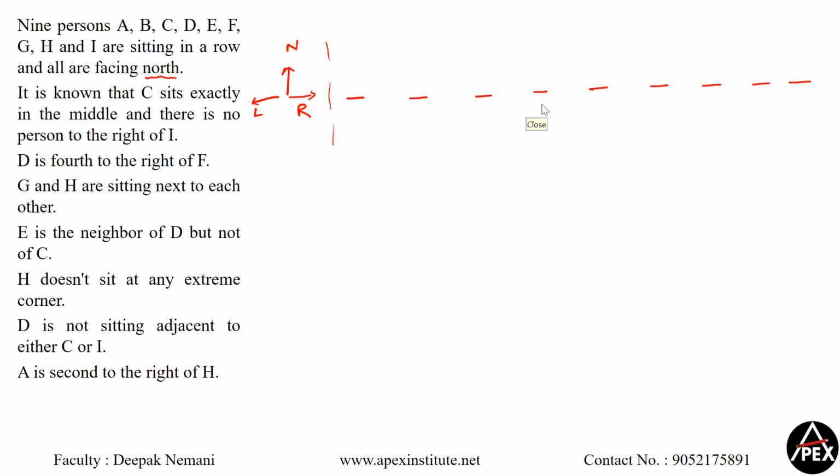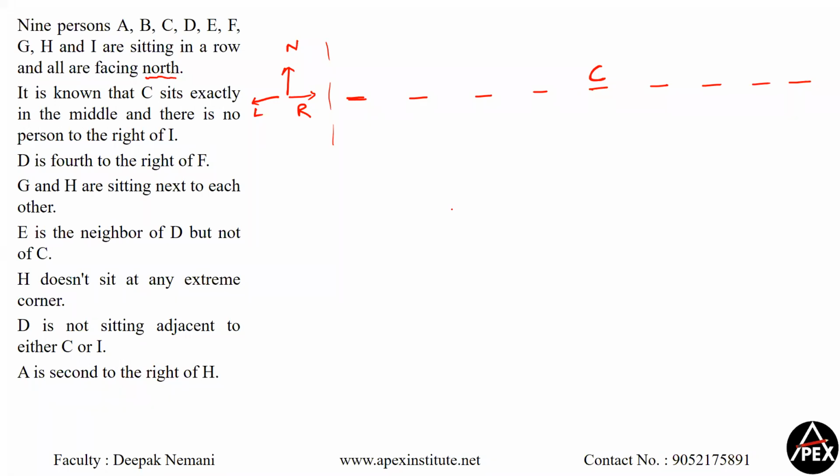C is exactly in the middle. So what is the exact middle seat? In a line of 9 places, fifth. So 1, 2, 3, 4, 5. C sits exactly in the middle and there is no position to the right of I.